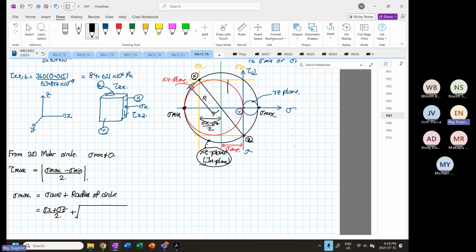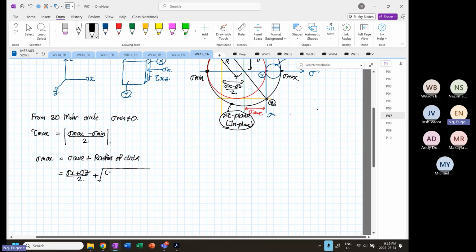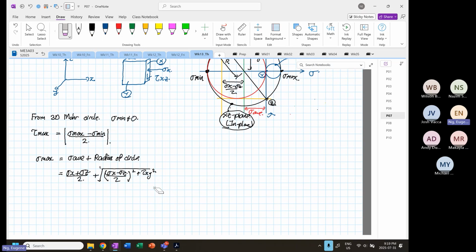And you know what is this distance? This is shear XY squared. So this will be equal to stress X minus stress Z divided by 2, and then the whole thing squared plus the shear XY squared or XZ squared.